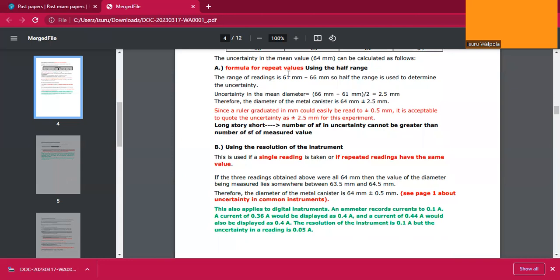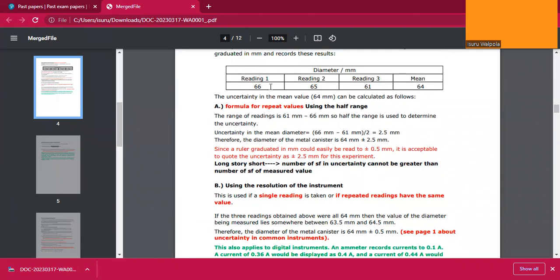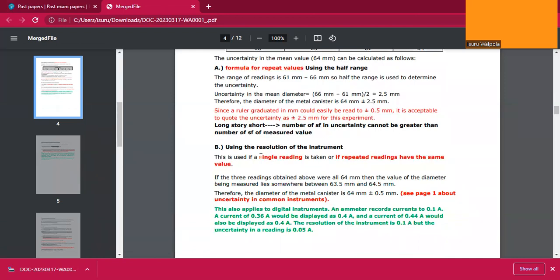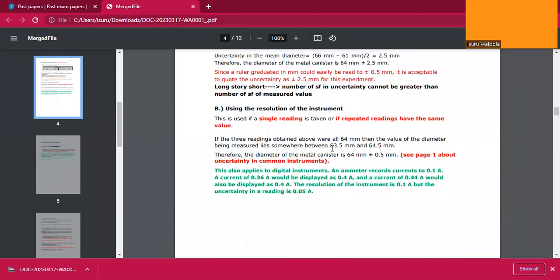Anyway, that's for half range. Sorry, it's for repeated values. Now, if you have a single reading, let's say 66.3 millimeter is a single reading, you find the uncertainty from half of its resolution. You might want to highlight this.